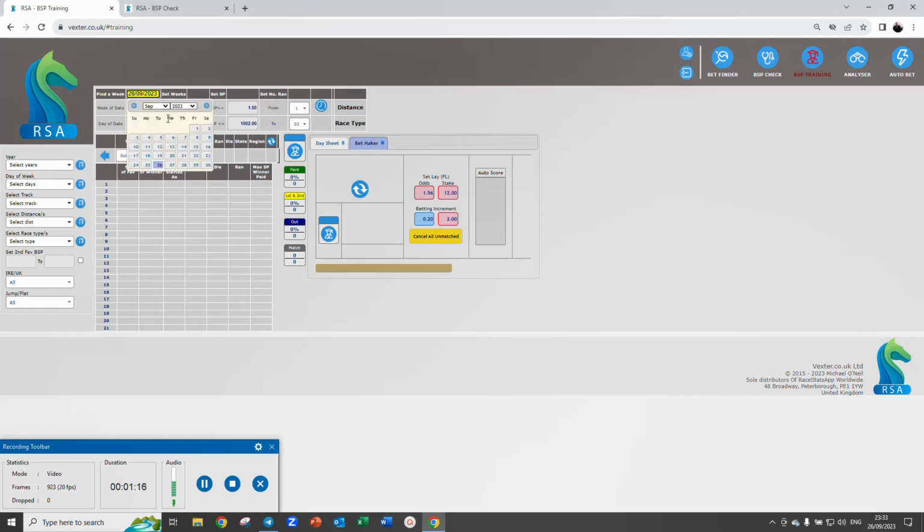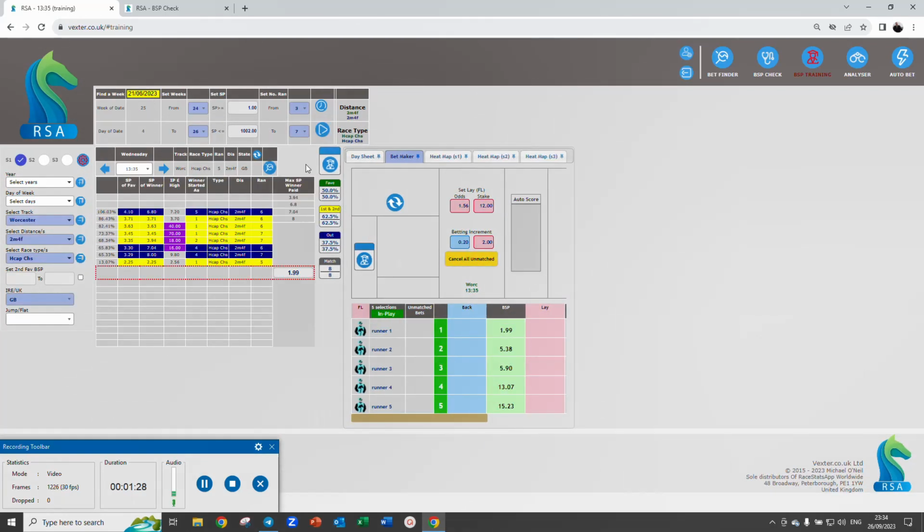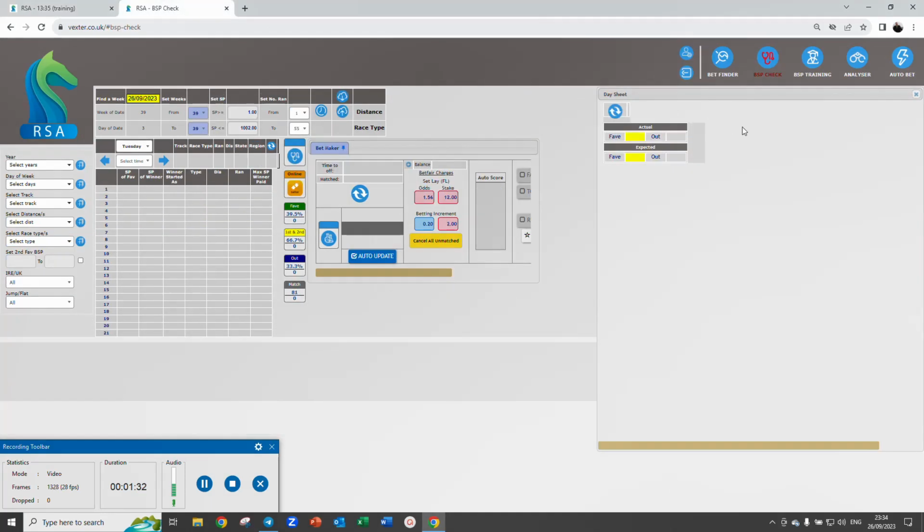Now let me give you an example. I've already gone and looked up one to find one. It was the 21st of June. And I found all these. So let's go 21st of June here, so I can show you.